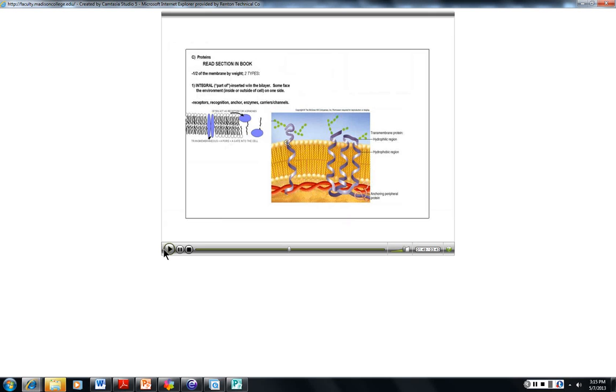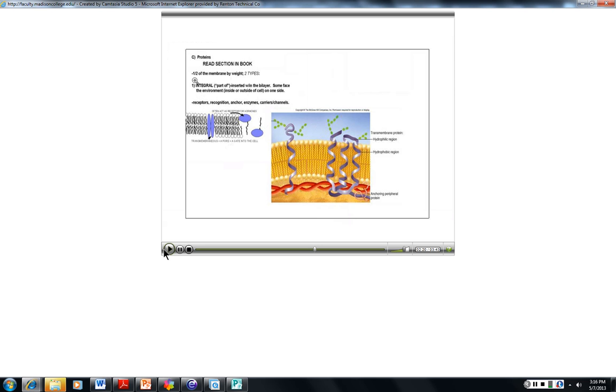These integral proteins can act in several ways in the cell's physiology. Sometimes they are receptors and they act to attach to other molecules. Sometimes they're going to be used as recognition markers for the immune system. Sometimes they can be anchors, whether on the inside of the cell here, anchoring the cellular skeleton, or on the outside, anchoring one cell to another. They can also often act as carriers or channels.